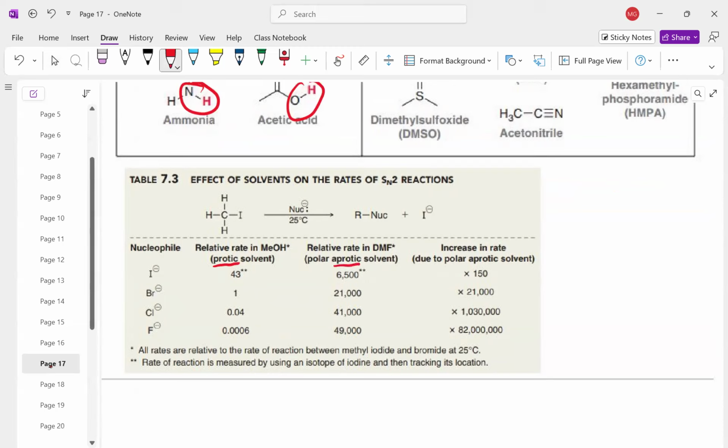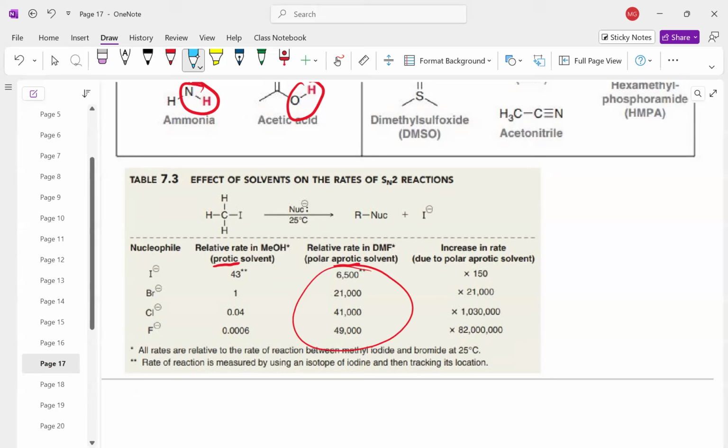Notice how much quicker the reaction rates are by using an aprotic solvent. So that's one very important trend that I want you to note: there is a drastic increase in the rate of reaction, depending on whether a protic solvent or an aprotic solvent is used.